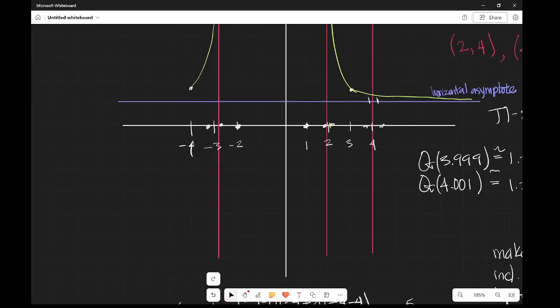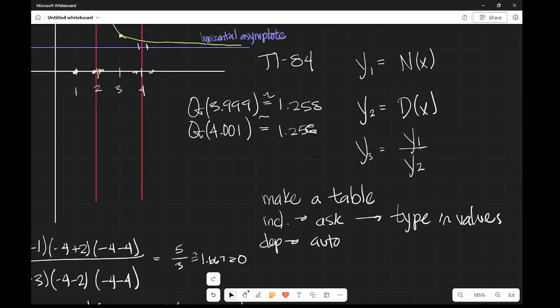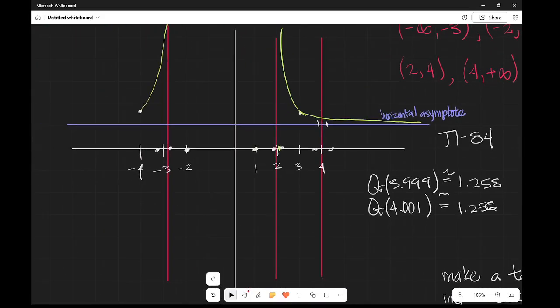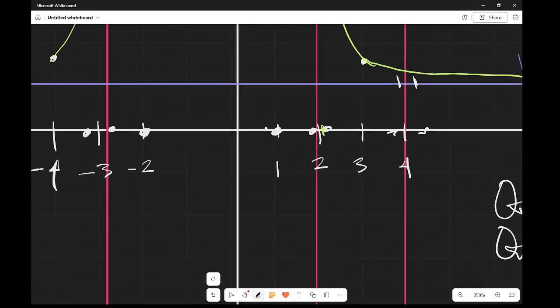Now, we have this whole region in the middle that we haven't dealt with yet. Basically, what we can do here is just say, all right, well, what's Q of 1? Let's just plug in. Same thing right here. What's Q of 0 is a really good one. I ended up getting 1/3 for this, and I also got 1/3 for this.